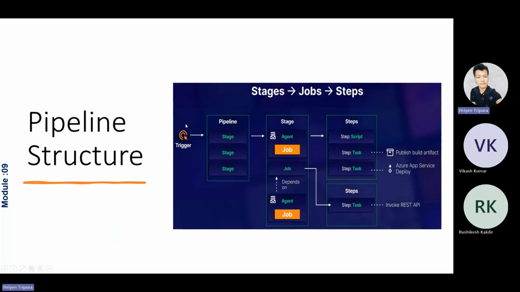For example, first there will be the trigger. In a pipeline, we will have stages. Under stages we have jobs. Under jobs we have steps. Under a stage you can have an agent also, and you can have a job also.